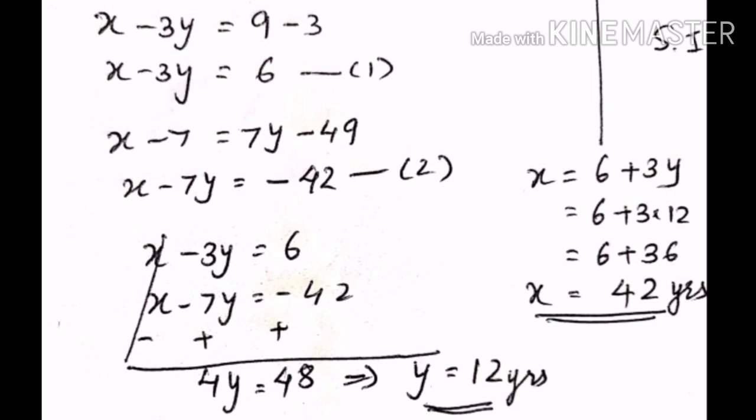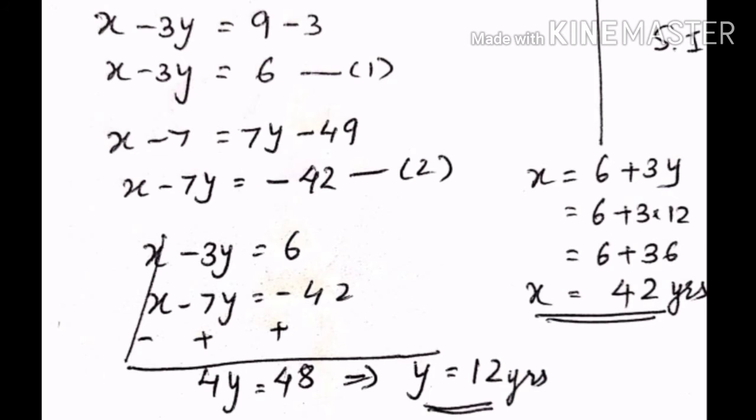So we found these two equations, and on solving them we reduce them to x minus 3y is equal to 6 and x minus 7y is equal to minus 42. These are our equations number 1 and 2. Now solving them using the simultaneous elimination method, x is eliminated and we get 4y is equal to 48.